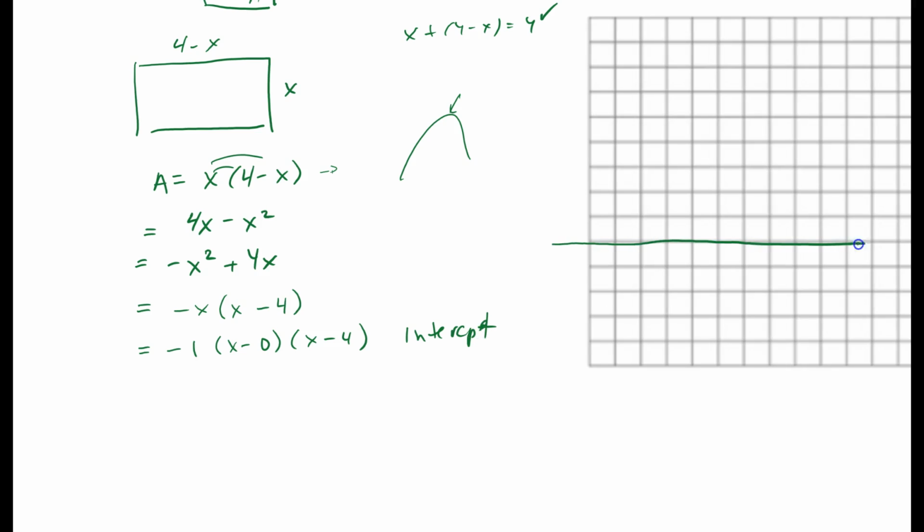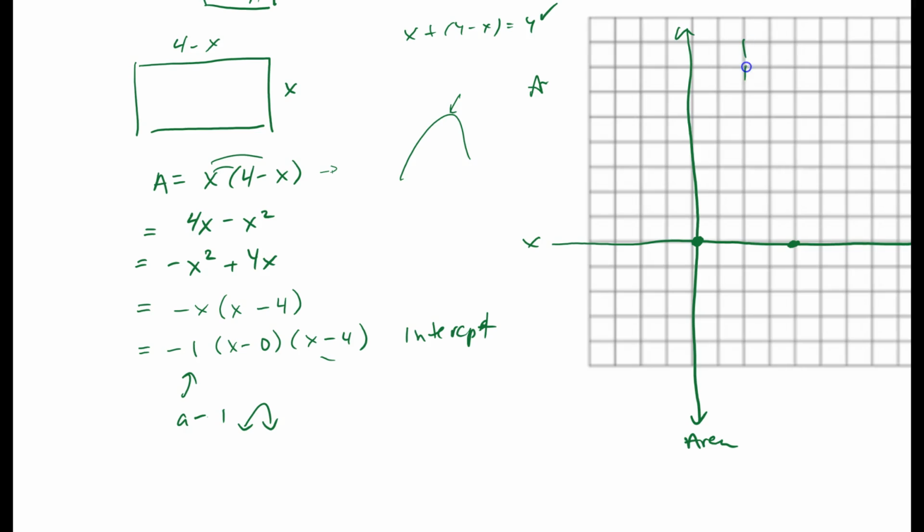So if I go ahead and just do a quick graph here, on the x-axis, and this axis is the area axis, or y. Our intercepts will be here at 0 and at 4. And if we recall, a is negative 1 here, so this is going to be a frown parabola.